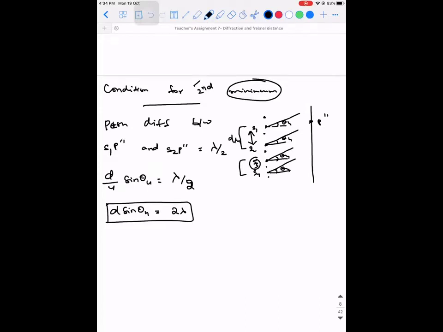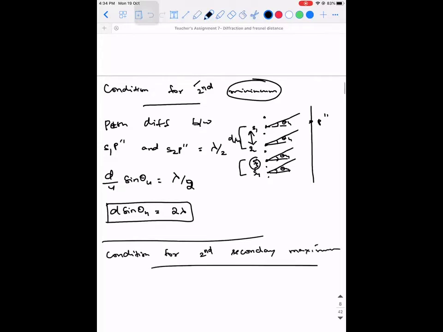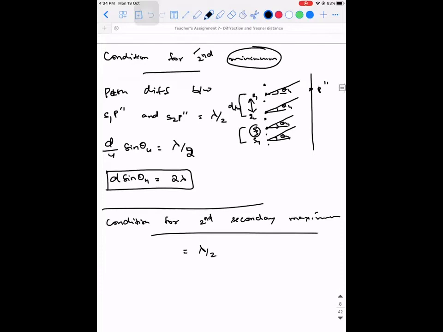Okay. So even without doing, what do you think will be the condition for second secondary maximum? If you observe, for all the derivations, the right hand side is the same, lambda by 2, because we are taking subsequent rays. Sine theta is also common. D is also common. What is happening to the denominator?